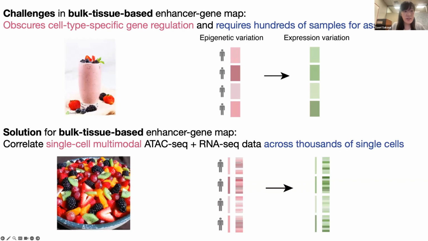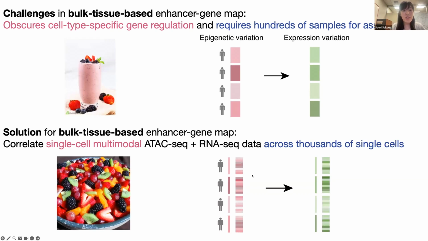So obviously, like a bowl of fruit salad, you can nail down the cell type specific nature of the gene regulation. And also, instead of doing this epigenomic and expression correlation across a few donors, you can correlate the epigenomic activity with gene expression across thousands of single cells, even when you have a few donors.